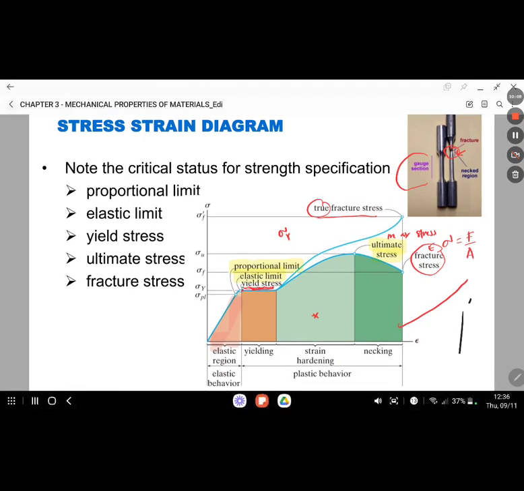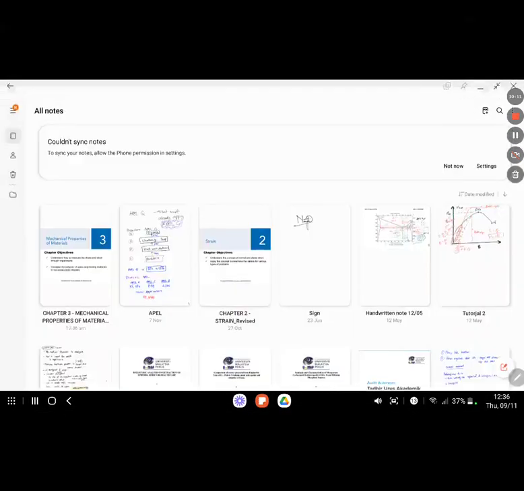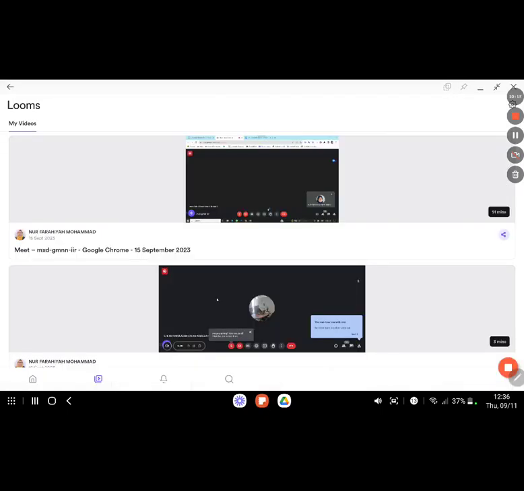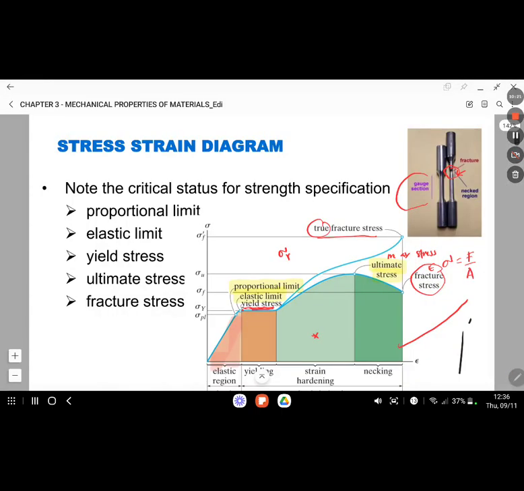The area that we use for engineering stress is the original area, that means the area before it undergoes deformation.